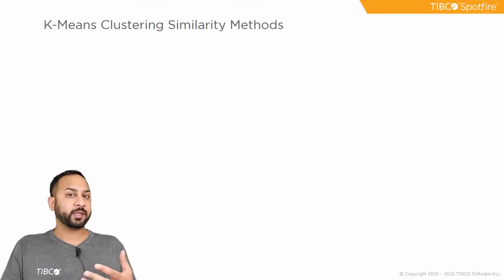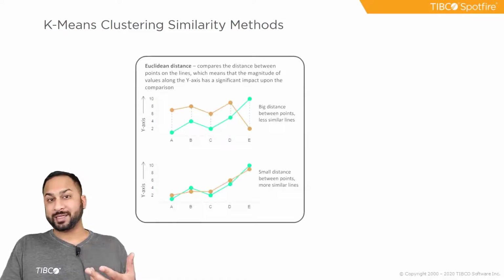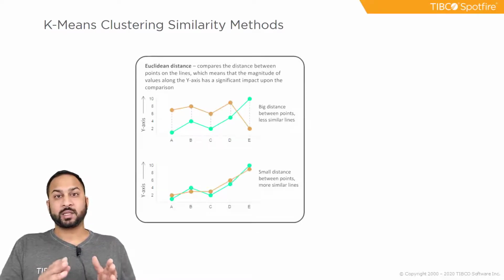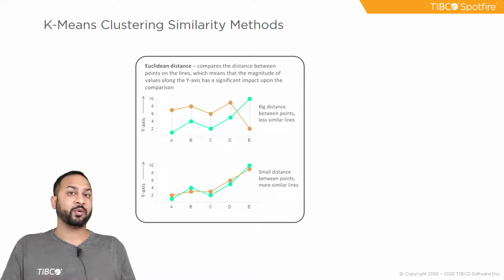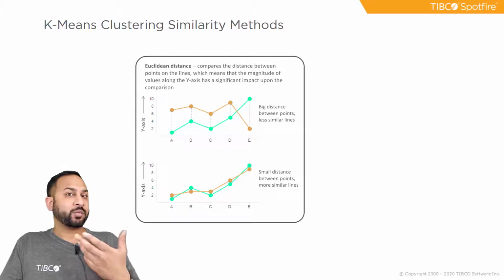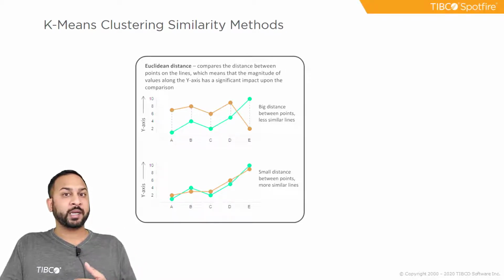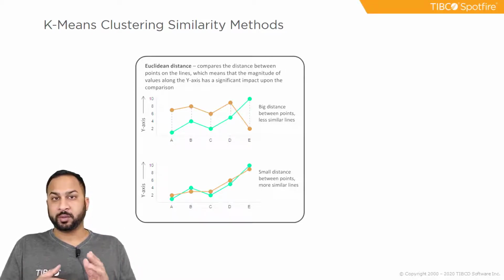Much like the line similarity methods, there are 2 methods for k-means clustering. There's a Euclidean distance method, which looks across the different variables on the x-axis and seeks to minimize the distance between the points on the y-axis. This is what was shown with that Stanford example in the beginning, however that was shown in a 2-dimensional plane.